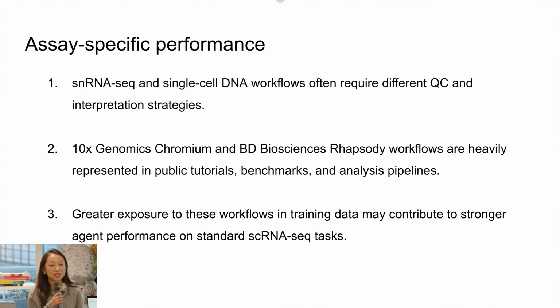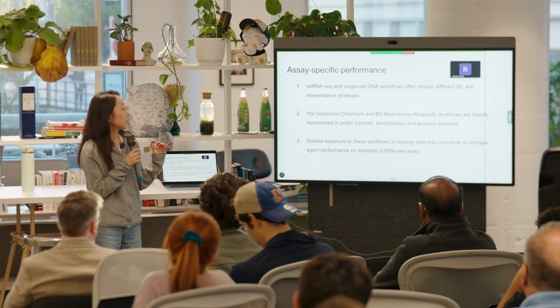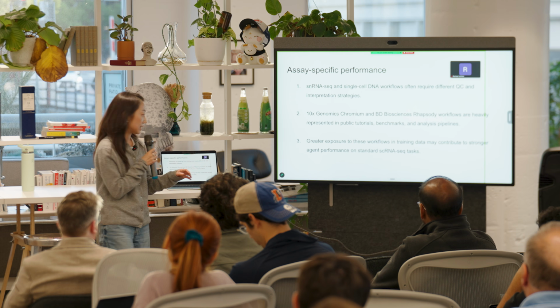So our hypothesis is that this greater exposure of these analyses in training data may contribute to stronger agent performance on standard single-cell RNA-seq tasks. So the next 2 examples I'm going to share essentially expose the agent's weakness in terms of this overrepresentation.